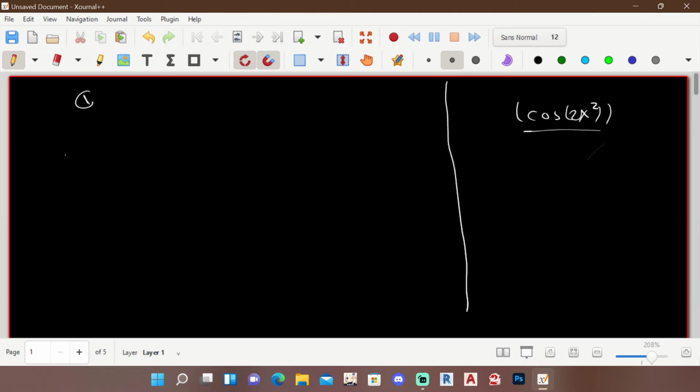So if I have the cosine 2x squared and I need the derivative of it, we know that the derivative of cosine is minus sine, and we can just do minus sine, and the inner function will be the same.